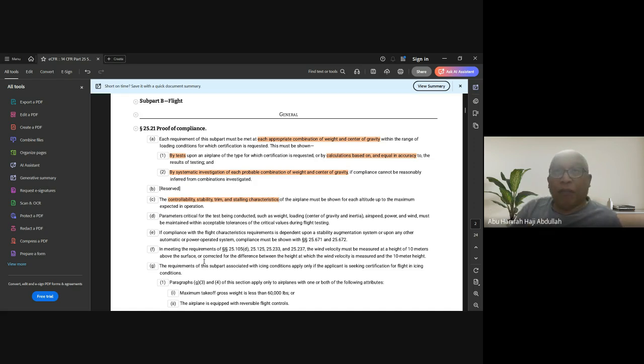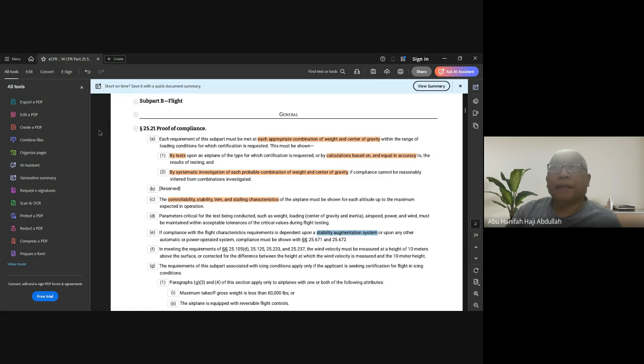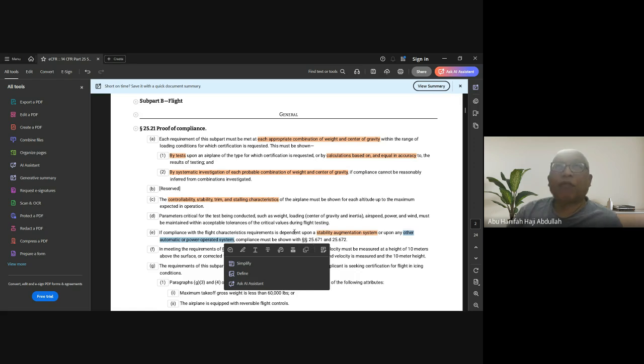Then, if compliance with the flight characteristic requirement depends upon stability augmentation, the stability augmentation system or any other automatic or power operated system, compliance must be shown by 25.671.